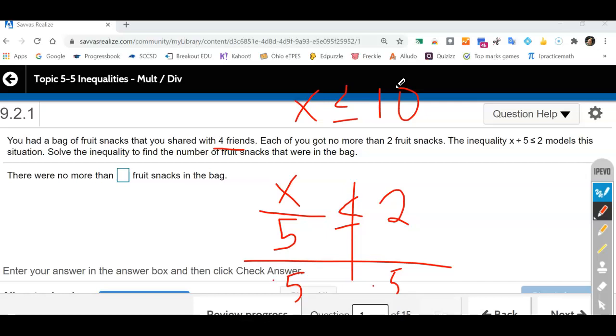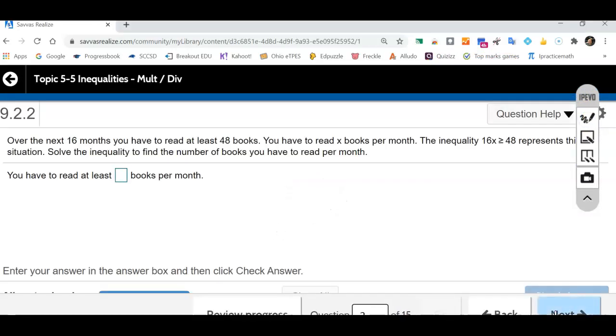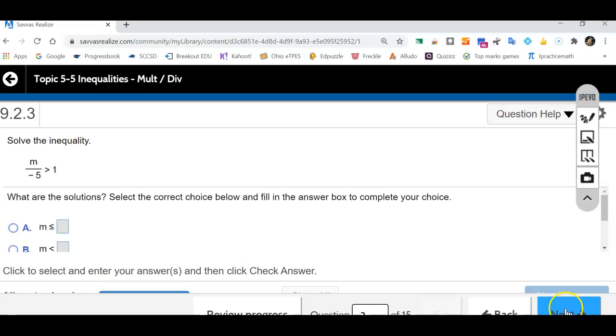That means that there are less than or equals to 10 fruit snacks in the bag, which means they put a maximum of 10 fruit snacks in the bag, but there could be less as well. So your friends might get 2, but they might get less. Does that make sense? So on these, at least it gives you the inequality. And so read the wording so you know how to match it up.